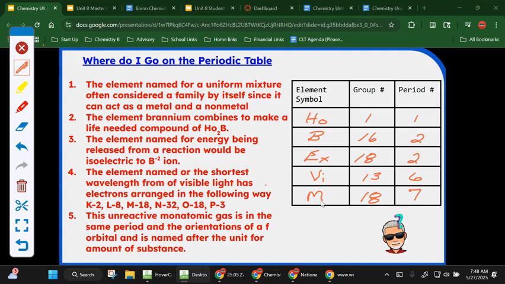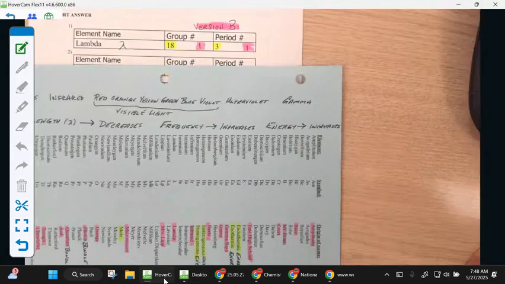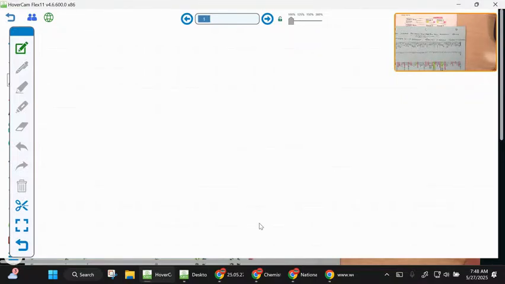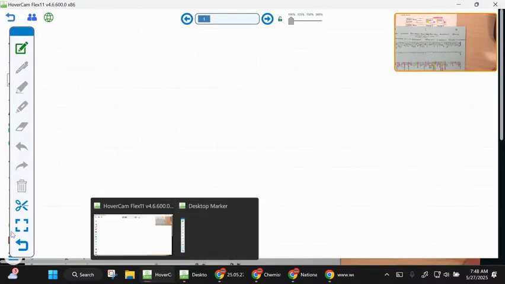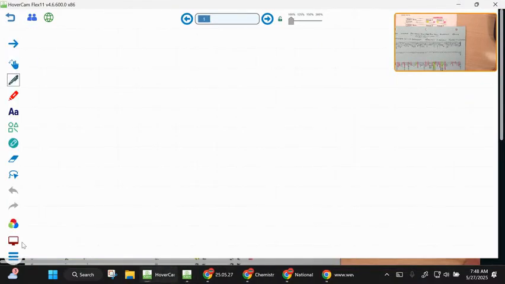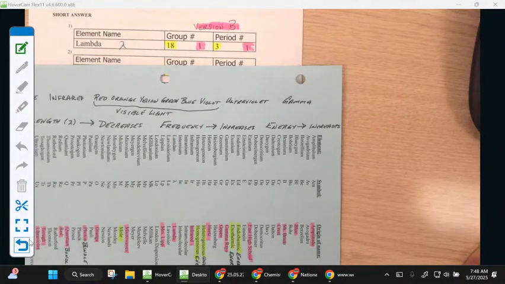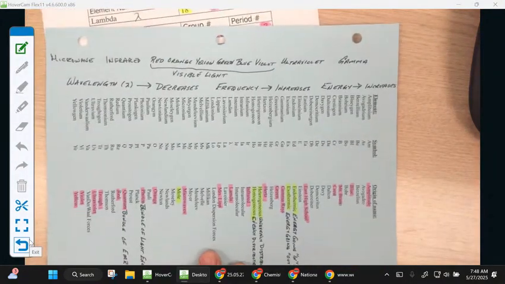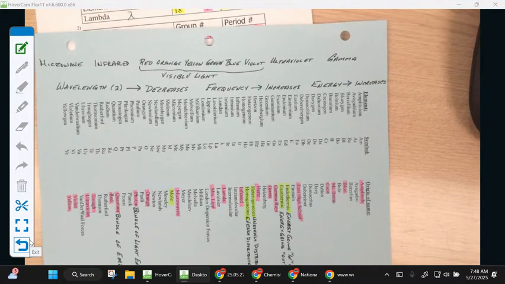So, violet has the shortest wavelength. Okay, again, we asked you to put this onto your periodic table. This is what we asked you to put across the top of your periodic table.